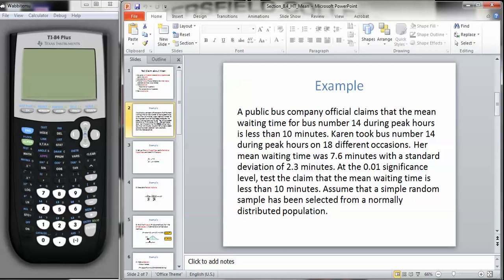And then our alpha, our significance level, is given to be 0.01. Here we're assuming a simple random sample and a normal distribution for our population. And we do not know what sigma is. But we do know the population has a normal distribution, so we'll be using the t distribution in this problem.